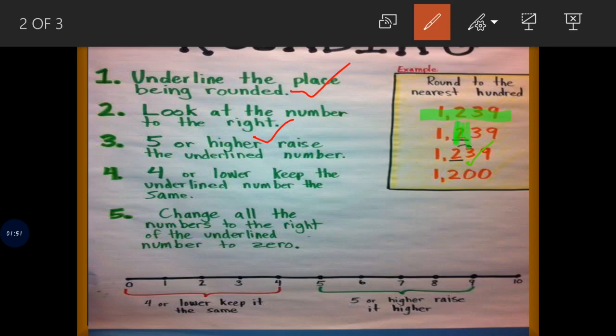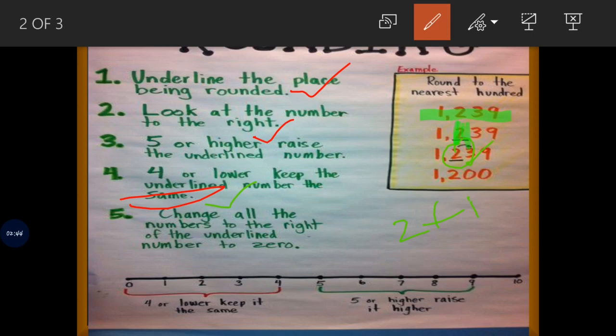If it is like that, you have to add 1 to the underlined number. Here the underlined number is 2. If it is 5 or higher than that, you have to add 1 to 2, that is 2 plus 1. Otherwise, if it is 4 or lesser, you have to write the same number. Just look at the given example.